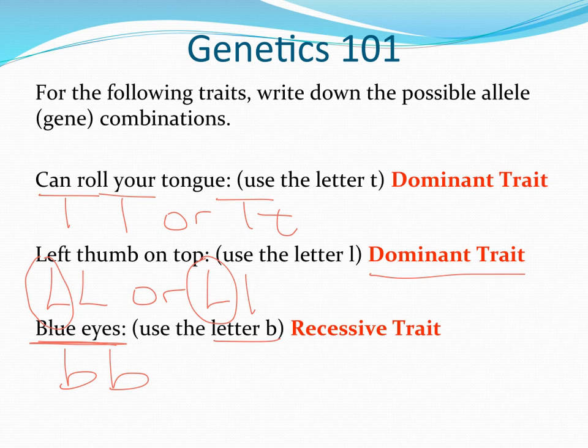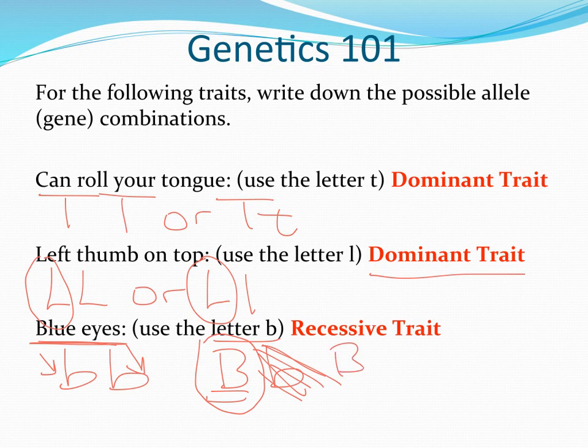You must have gotten one of the little b's from mom and one of the little b's from dad. If you wrote down big B, little b, you'd have brown eyes, because brown eyes is a dominant trait, and anytime you have a big B, remember the capital letters represent the dominant traits, that would mask the little b. So you would have brown eyes.